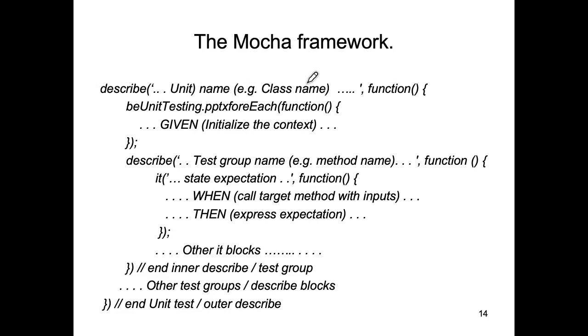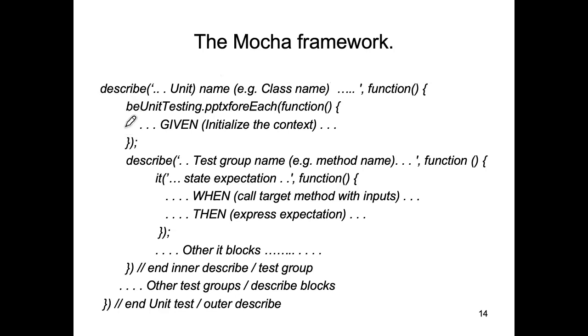Now, I always say to students that this coding style initially looks quite daunting because effectively it's using callbacks all over the place, and that can be off-putting initially, but after a while you don't really see the callbacks. All you see is the code that's more concerned with testing. So anyway, we have a describe block.